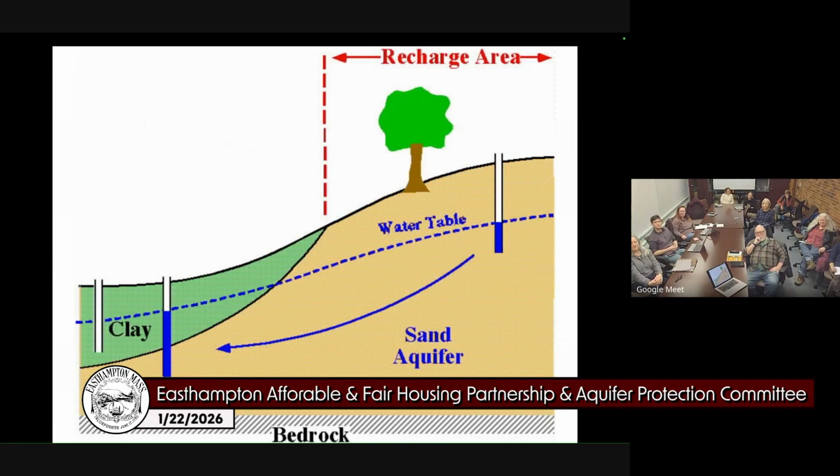Okay. So it comes down and it hits the water table and it fills the voids. It causes the water table to rise, and then water, of course, is always flowing this way, and that's causing the water table to go back down. So the water table goes up and down. Recharge brings it up, and then when it's not raining, it goes down, and all the time that water is moving towards a discharge point, which is going to be the rivers and streams.